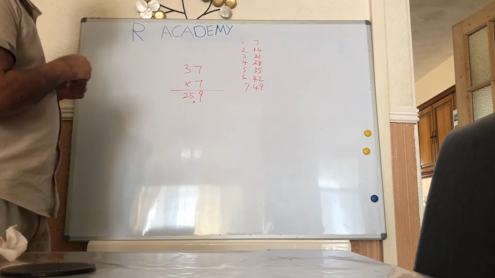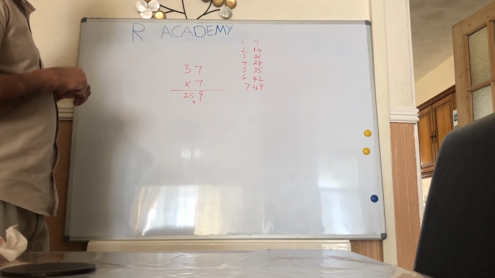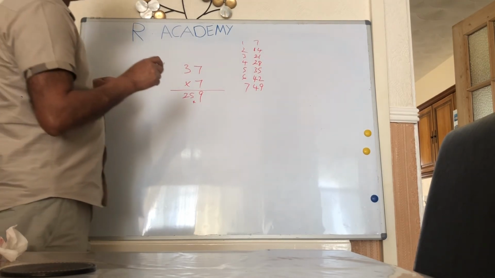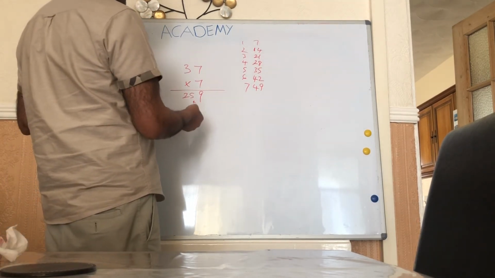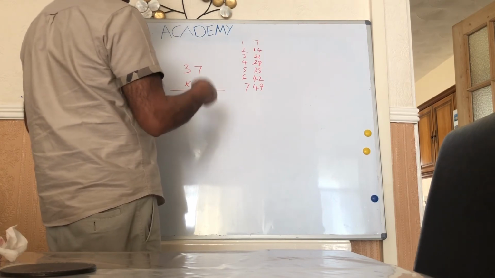Just in case you're wrong, you can always prove it. You can do the old method, what I said, to prove it, or you can divide it. But because this is not about division, I'm not going to go into division today, it'll be tomorrow.